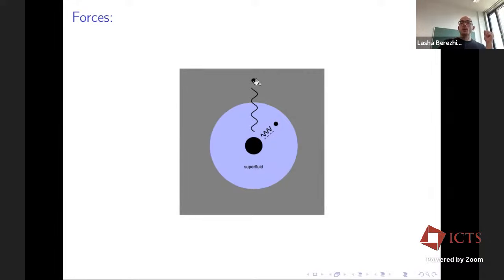However, if we would consider this probe particle moving outside of the superfluid core, then the only interaction between baryons and dark matter would be through gravity. Okay, which could have interesting consequences. But it turns out that the issue with these emergent long-range interactions is that it is in one direction that I talked about.